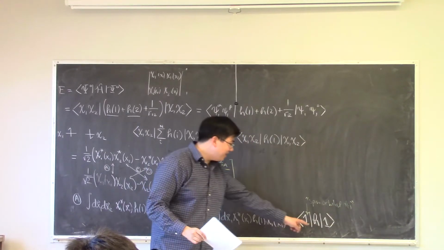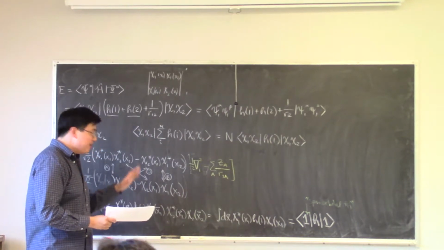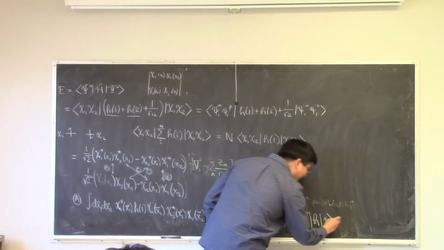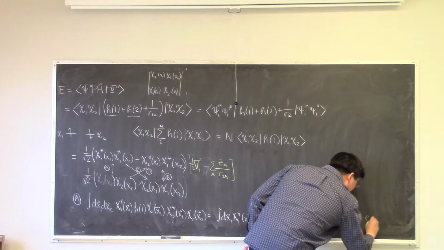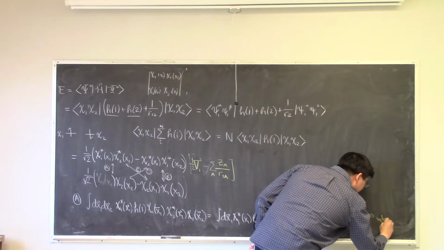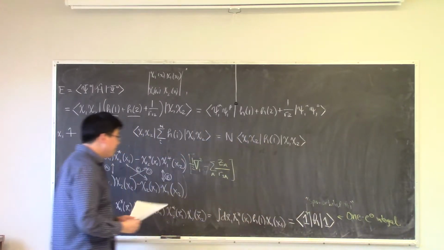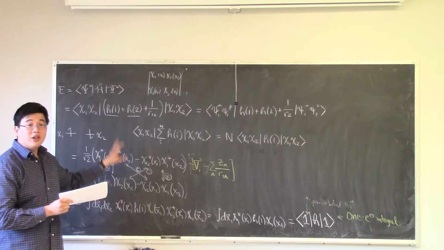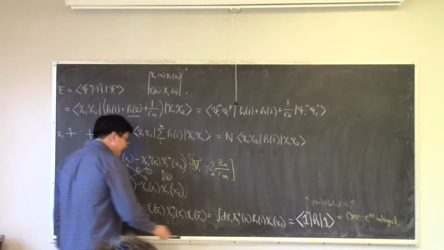This is called a one-electron integral. This is the first of several kinds of integrals that I'm going to show you. I think we can only get through one-electron integrals today, and I'll come to two-electron integrals next time.